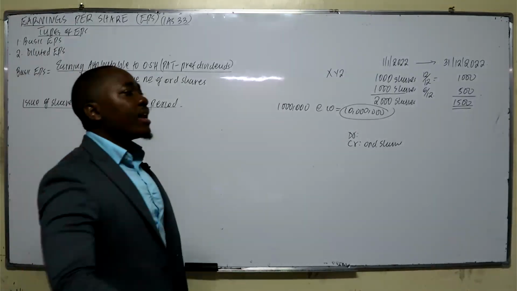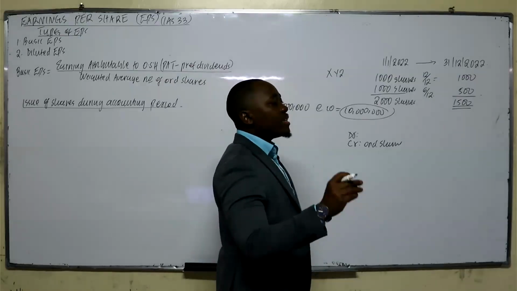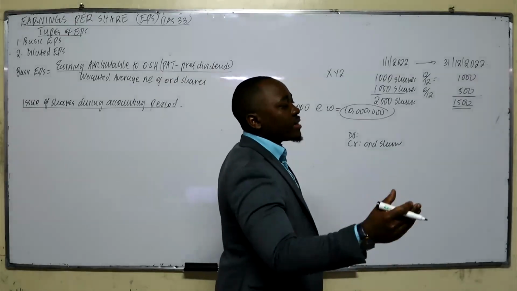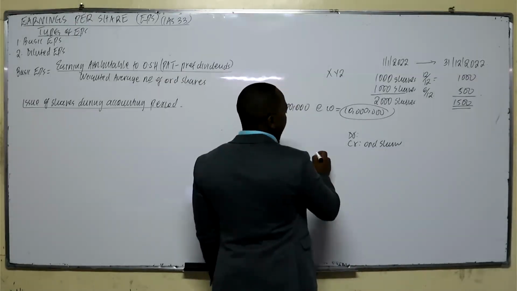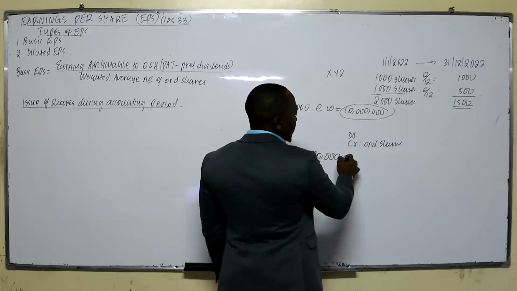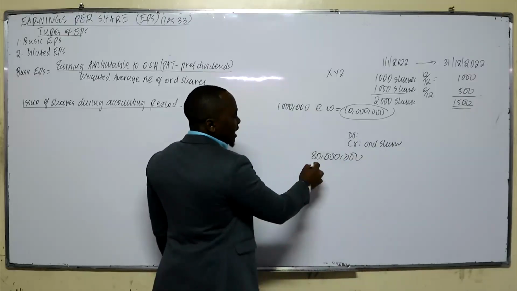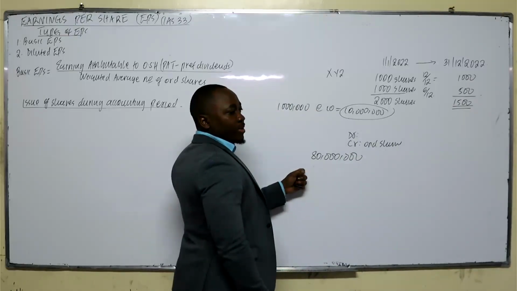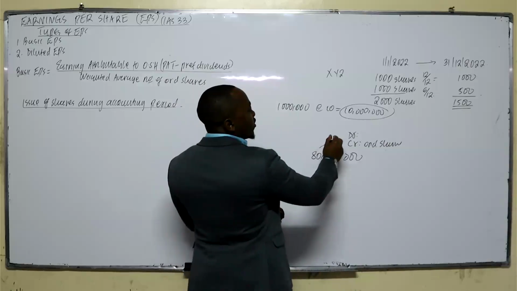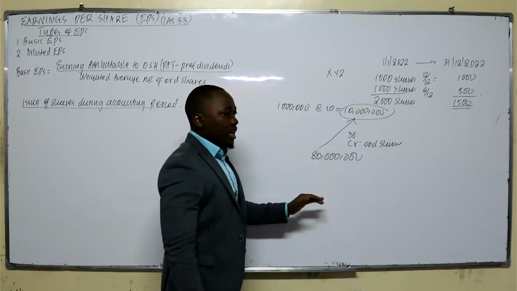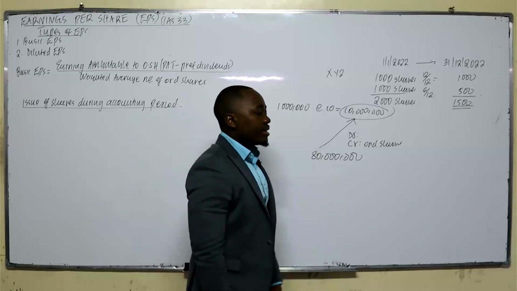That only affects the statement of changes in equity, a transfer of reserves. So for example, assuming the retained earnings was 8 million, they just transfer 10 million from the retained earnings to ordinary share capital. That means we are utilizing their existing resources.